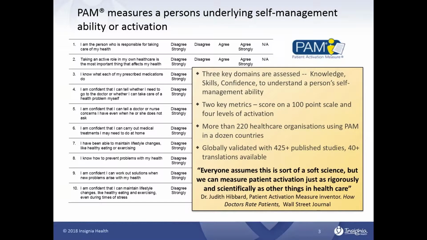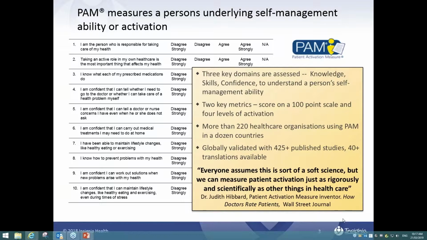Each question gets more difficult to answer in the strongly agree, and it's been carefully structured over many years. It was a bank of, I think, about 120 questions at one point, and now it's been reduced down to 10 with very strong reliability. It assesses 3 key domains of patients' knowledge, skills, and confidence, and it's able to generate a score from 0 to 100.